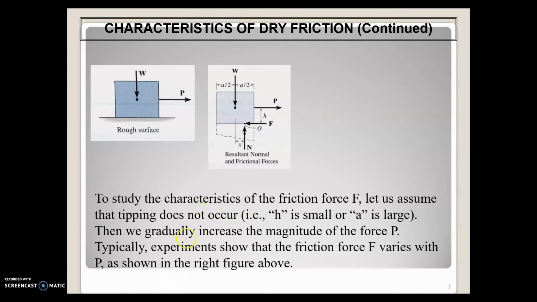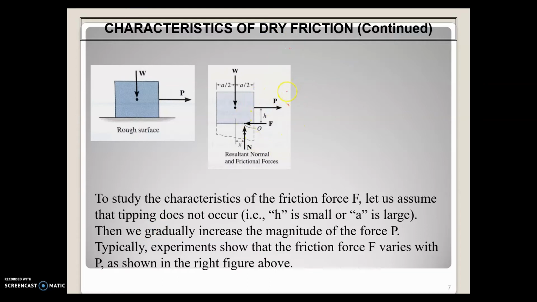Kita assume that tipping does not occur, di mana H is small ataupun A is large. Then we gradually increase the magnitude of the force P. Typically, experiments show that the friction force F varies with P, as shown in the right.